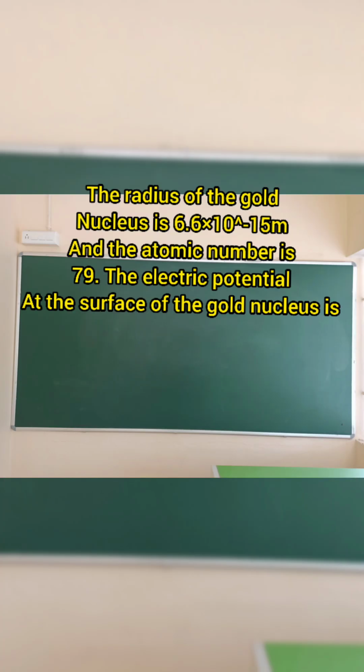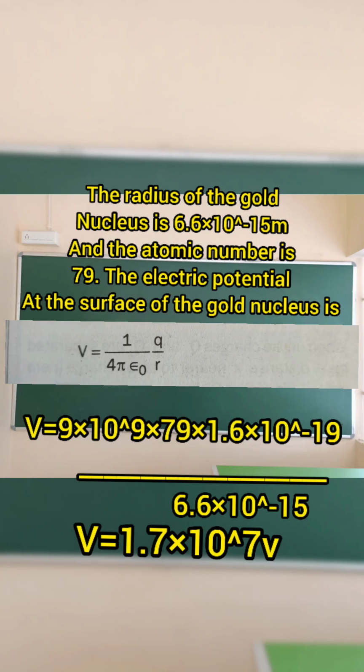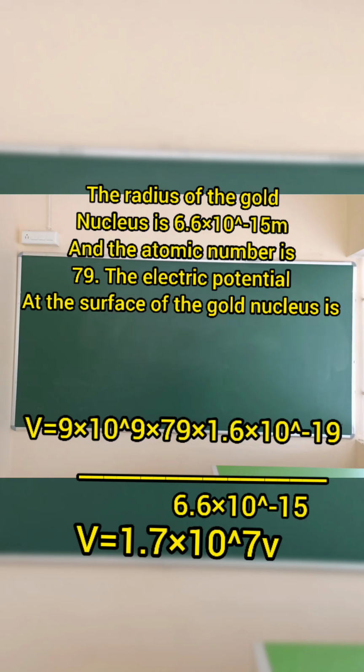The radius of the gold nucleus is 6.6 into 10 power minus 15 meters and the atomic number is 79. What is the electric potential at the surface of the gold nucleus? In the given problem, 1 by 4 pi epsilon naught is equal to 9 into 10 power 9. Since the atomic number is given to be 79, Q can be taken as 79 into 1.6 into 10 power minus 19 coulombs.